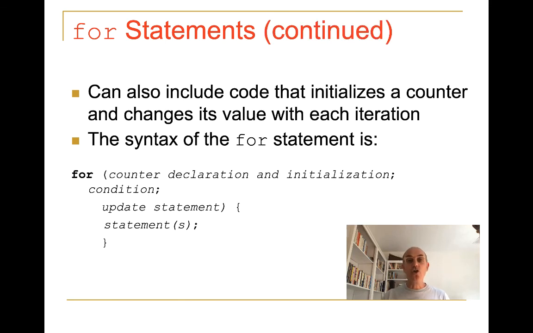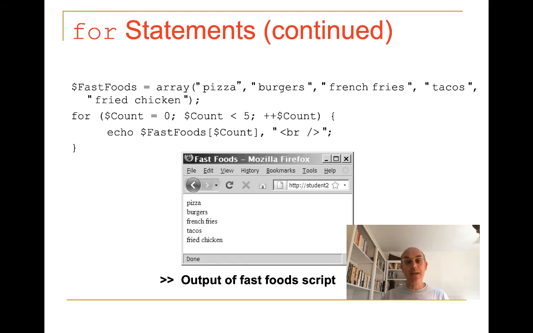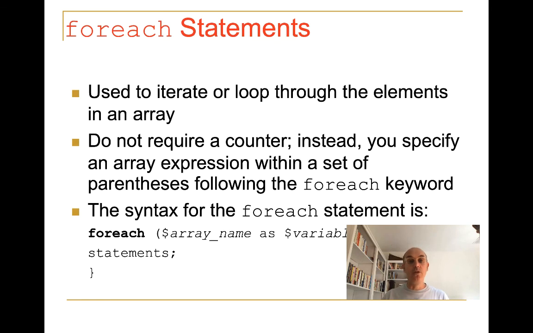So it can also include a counter and change its value each iteration. So that is the syntax for the for statement, with an update statement. In this case, the example is a fast food array, if count is smaller than 5 and plus $count, and that's what it will do.